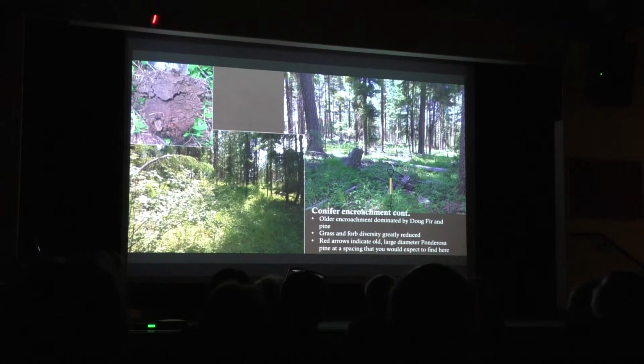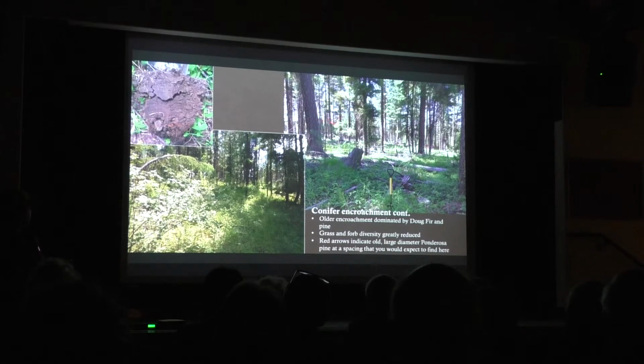That the forest should be there, but you're not going to get these soil conditions under a closed canopy like that. It's just not going to happen. And the grass and forb diversity in here has been greatly reduced. There's no bunchgrasses left. It's been replaced with more shade-tolerant species like pinegrass and, I think, mannagrass and some other ones. It's not what should have been there.